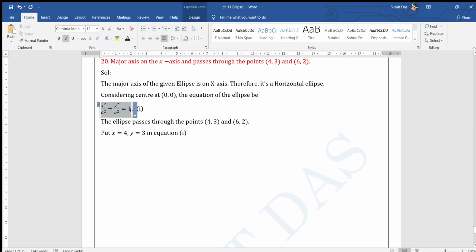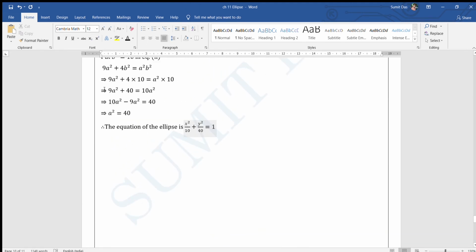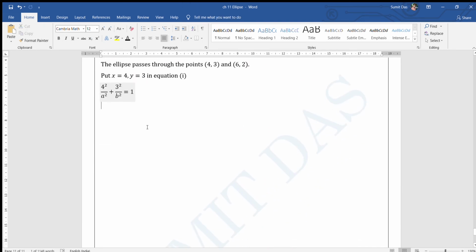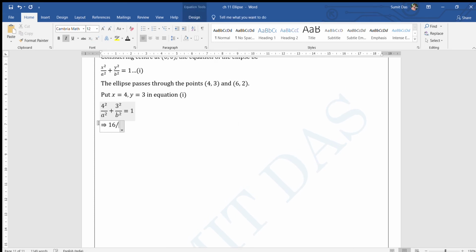So the next line will be 16 by a square plus 9 by b square, which is equal to 1.